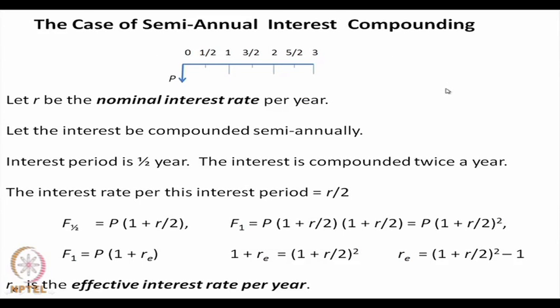Now, another interesting case is the case of semi-annual interest compounding. We have so long considered interest rates that are defined for a particular year, although we said that it is a particular period, but we almost implicitly assumed that one period is equivalent to 1 year.